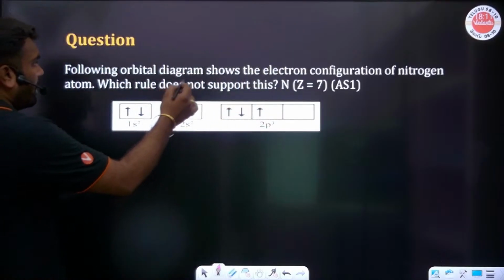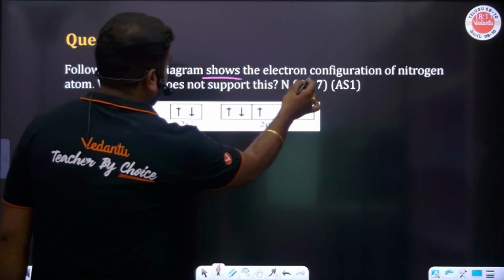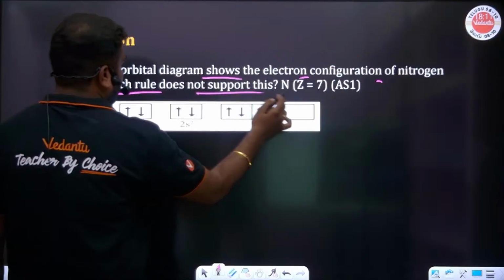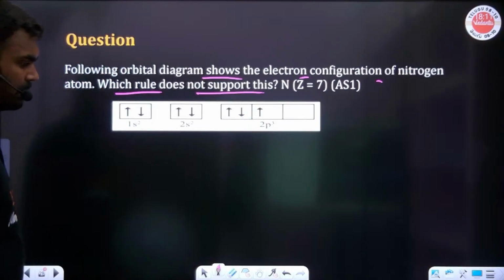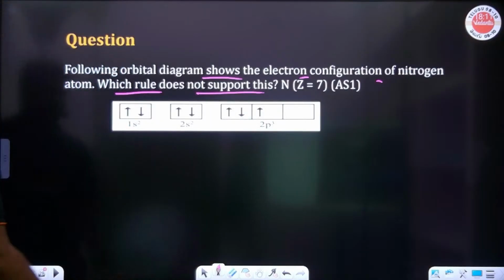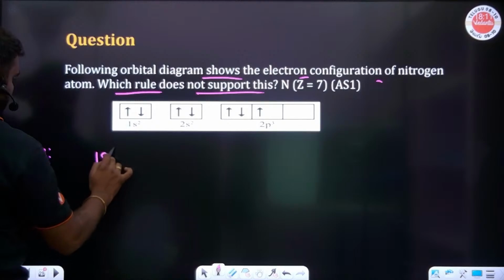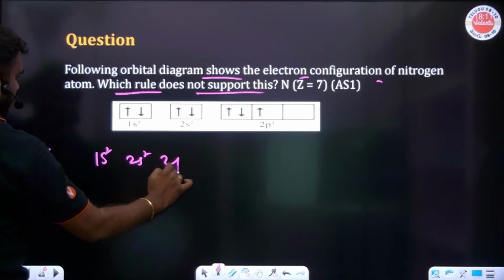The orbital diagram shows the electron configuration of a nitrogen atom. Which rule does it not support? Here we are given 1s2 2s2 2p3.